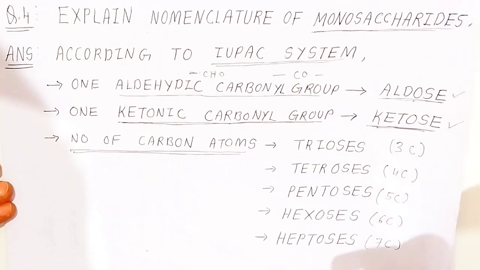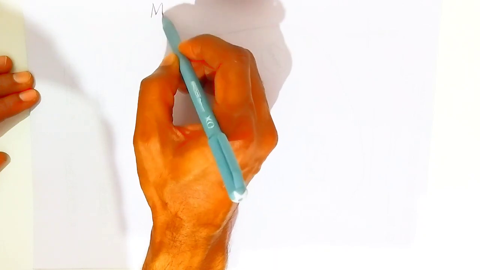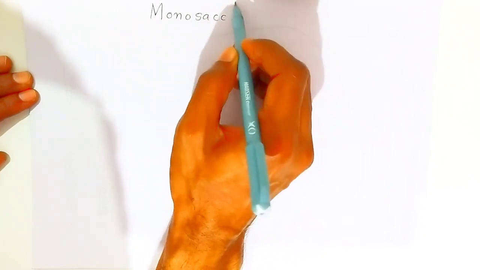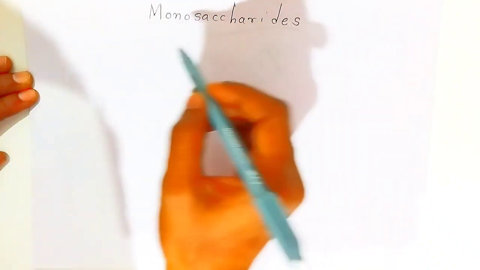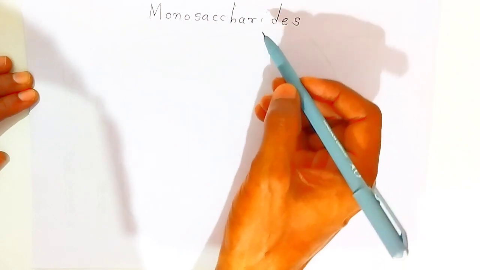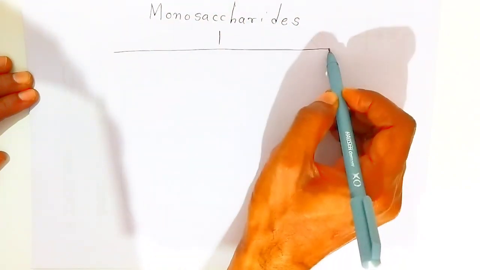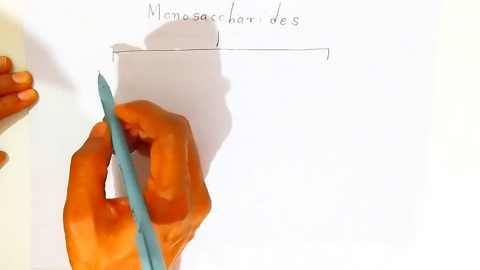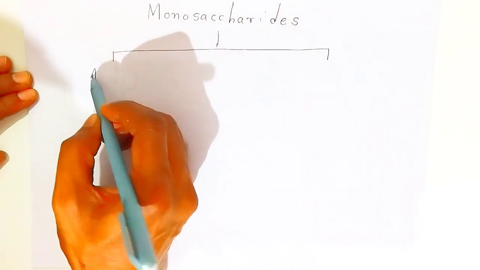Now we are going to see the monosaccharide nomenclature. This I am giving for explanation purposes. A monosaccharide is classified into 2 categories. First, if the monosaccharide contains an aldehydic carbonyl group, we call it aldose.